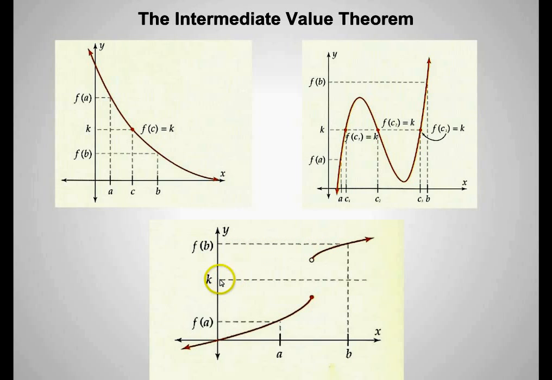But notice, since I can choose a value for k and be a counterexample to the theorem, it shows that this is a case where the theorem doesn't hold. So k is right here. Notice there is no value for c that will make f of c equal to k. So that's the intermediate value theorem.